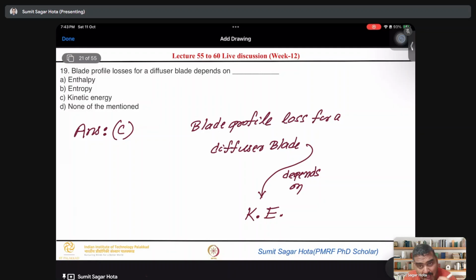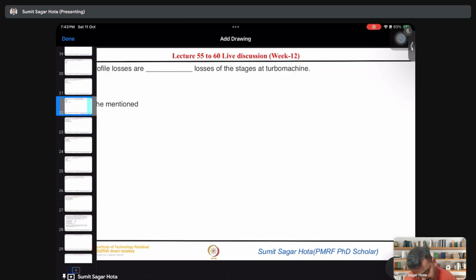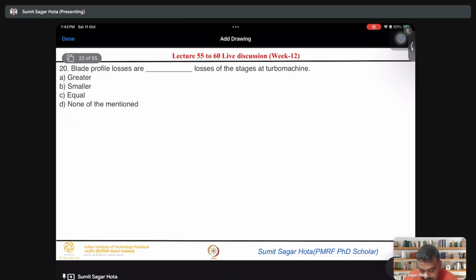The blade profile losses are dash losses.